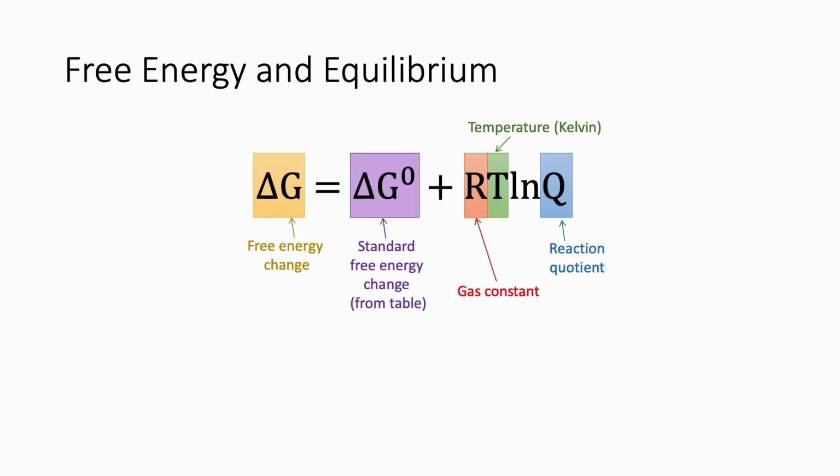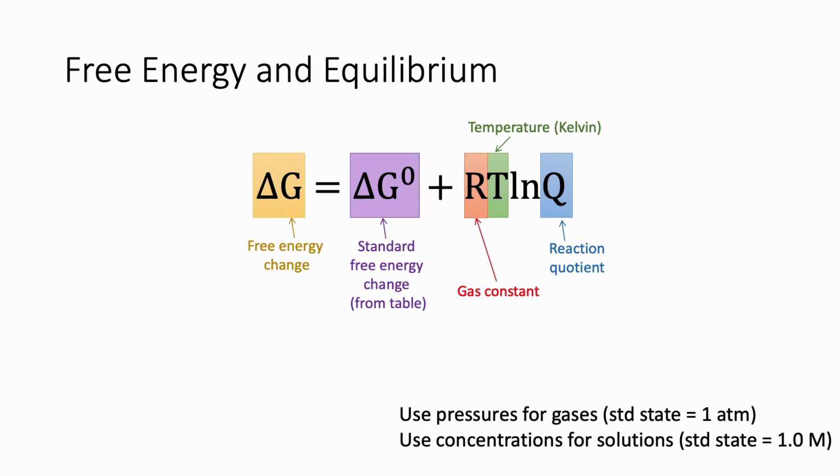Why would we need to amend the standard free energy change from the table with this term? Well, standard conditions include a number of different things. The conditions we usually talk about are 25 Celsius, probably the number one thing we say, 1 bar of pressure, some people say 1 atmosphere, they're super close, and if you're in a solution, 1 molar concentration.